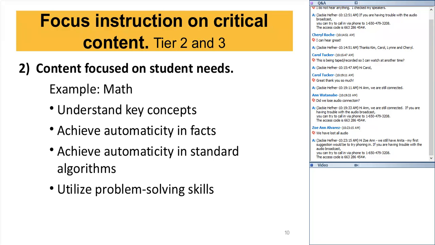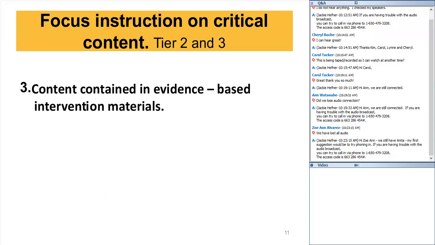Now, one of the things that we also are required to do for any intervention, whether it be Tier 2 or Tier 3, is use evidence-based strategies, evidence-based instruction, evidence-based materials, and so we often would use intervention materials that would be much more specific in many cases than those used in general ed. Well, that's number one under content.